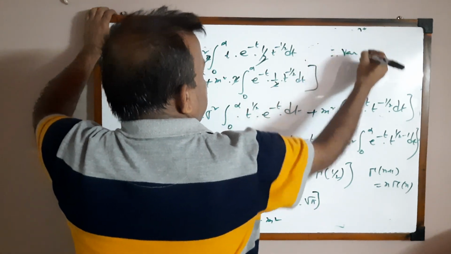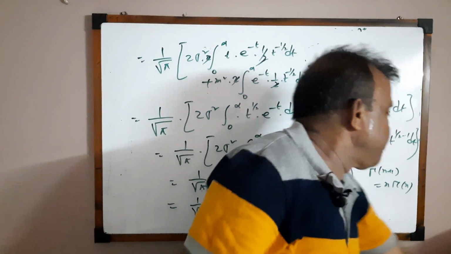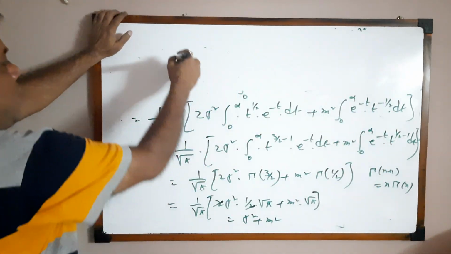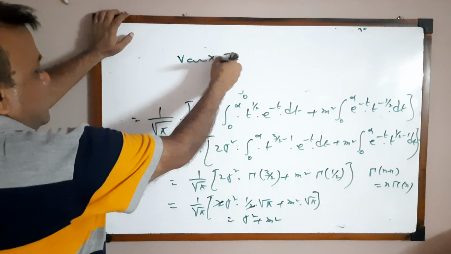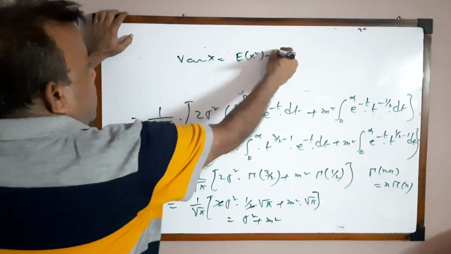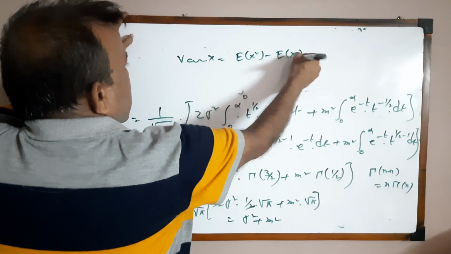Variance, therefore variance of x is equal to E of x square minus E of x whole square.